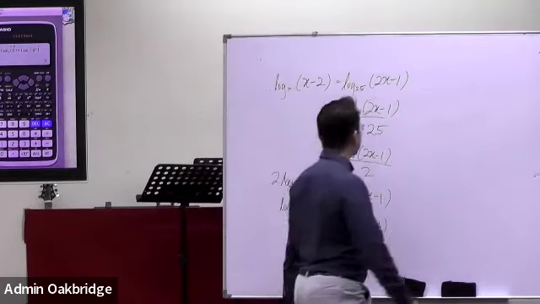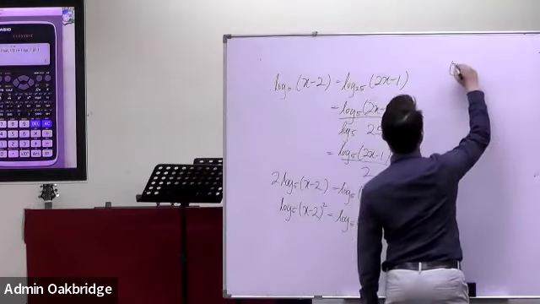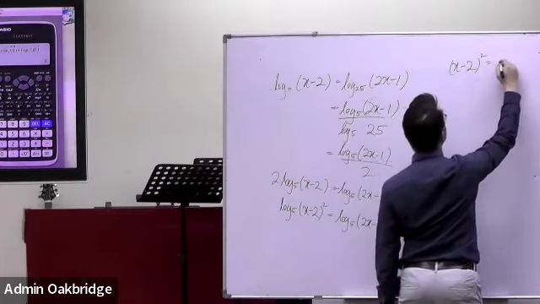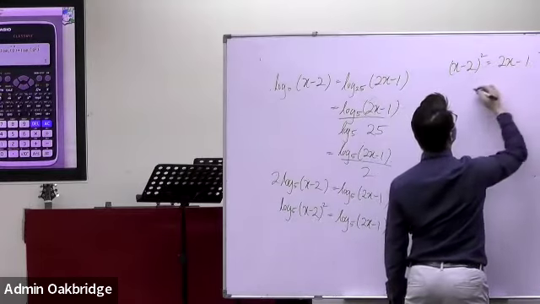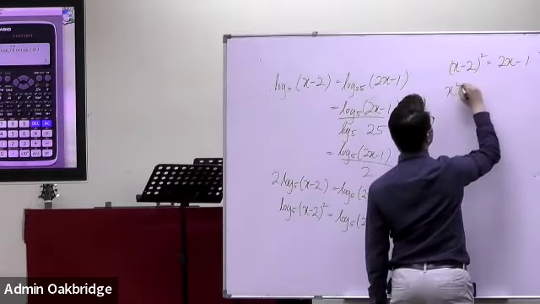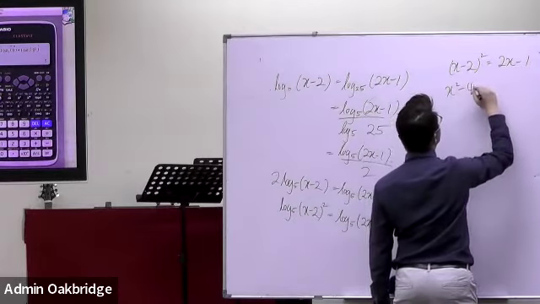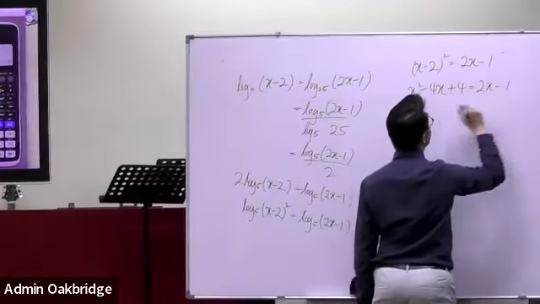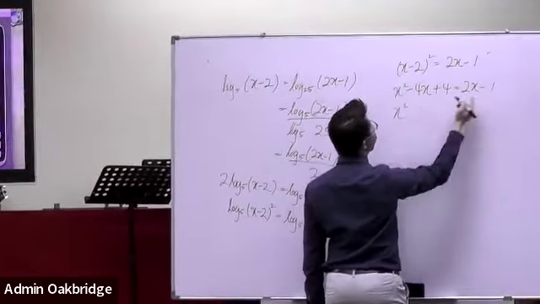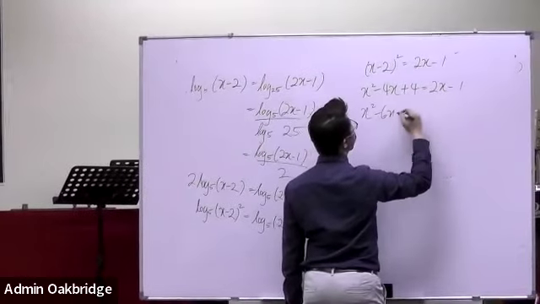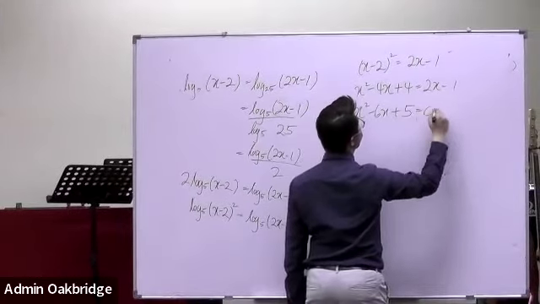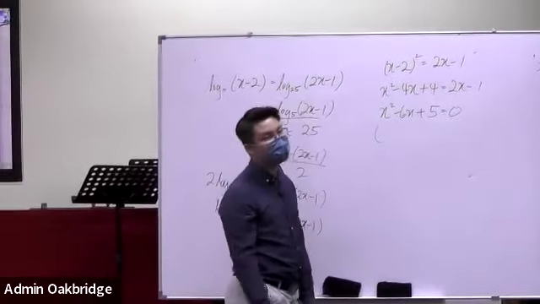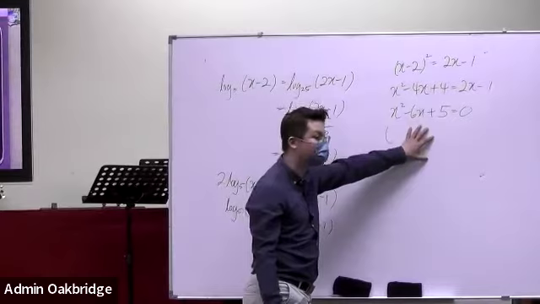So now you can have this equation. x minus 2 squared equals 2x minus 1. Then you expand this, you have x squared minus 4x plus 4 equals 2x minus 1. x squared minus 6x plus 5 equals 0, right? From here, in math class, you already know how to solve this quadratic equation.